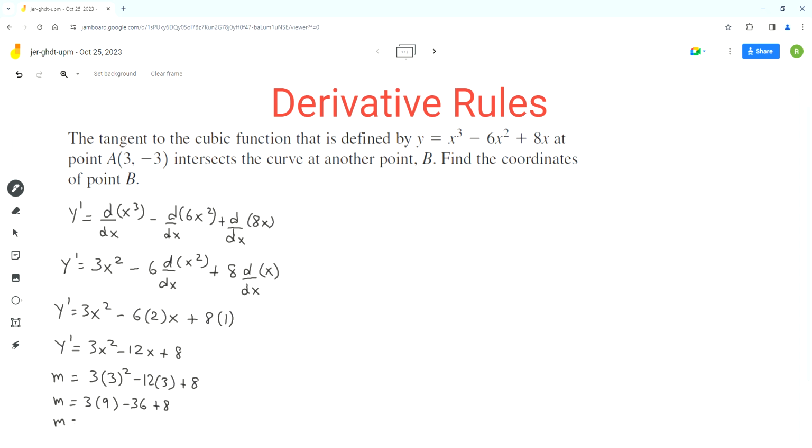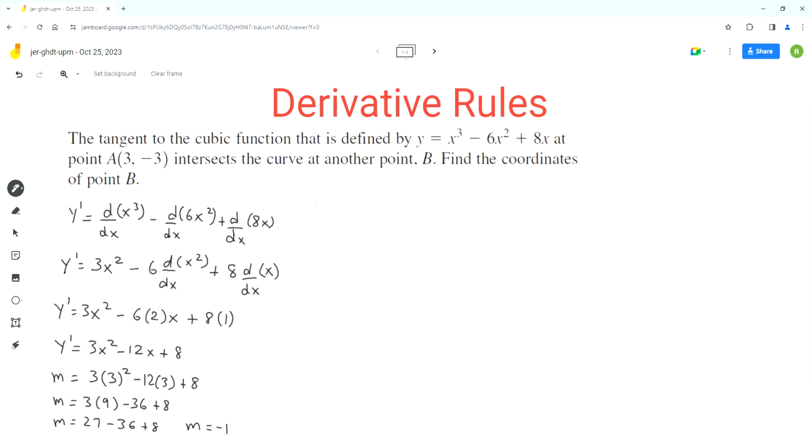So now we get 9 times 3, which is 27, minus 36 plus 8. So this is equal to negative 1. So this is the slope of the tangent that touches the given curve at (3, -3).